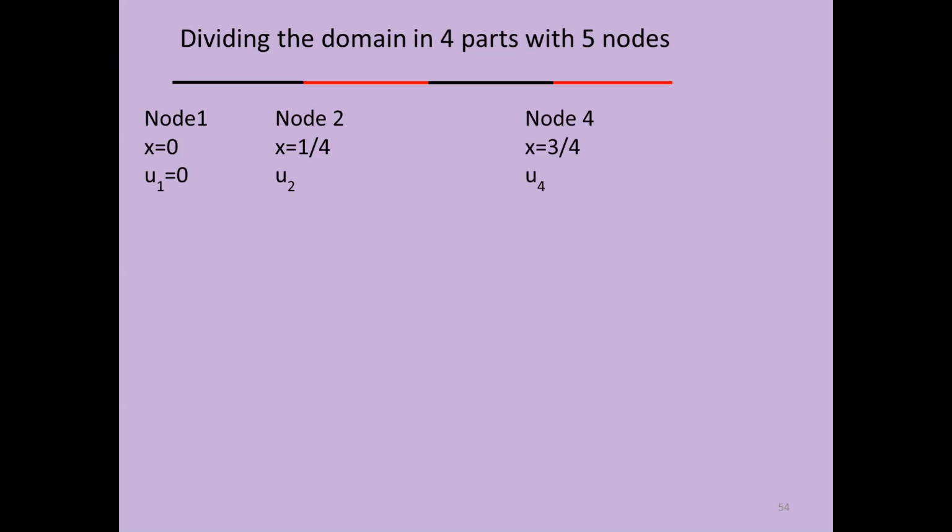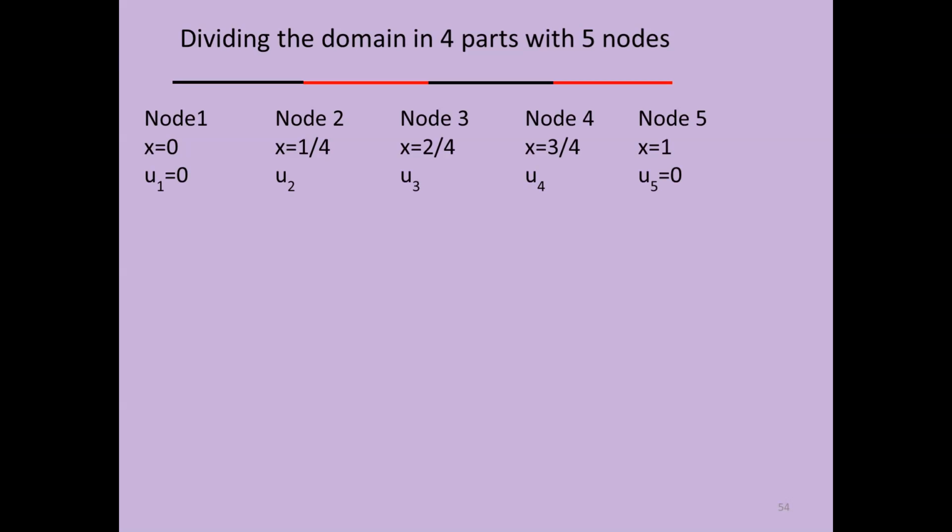Over here is the fourth node at 3 by 4. Here it is the third node at x is equal to 2 by 4. And at the end there is a fifth node, x is equal to 1, and the deformation is known over here. Therefore U5 is equal to 0.